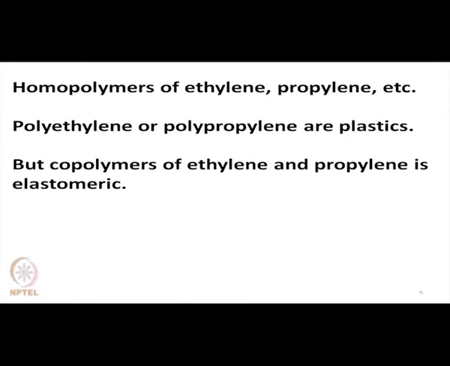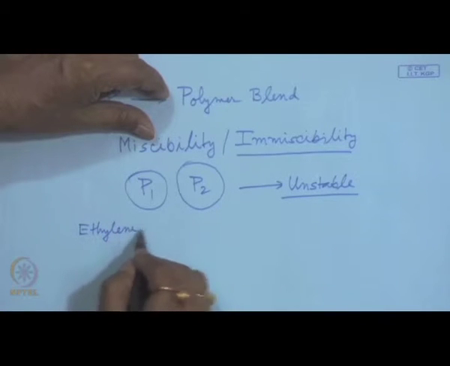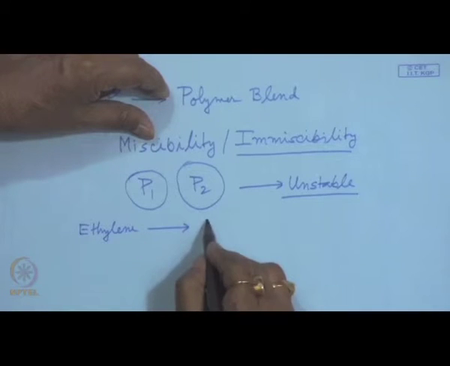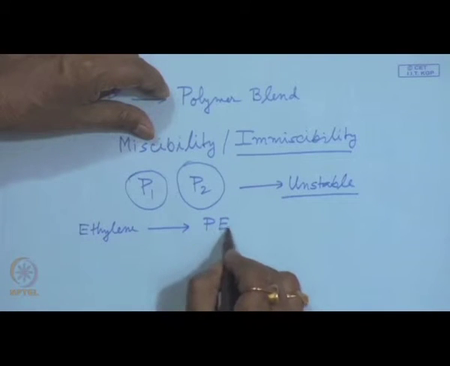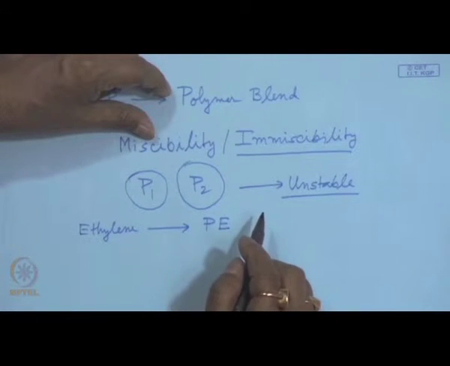If we discuss with examples, let us take the examples of homopolymers of ethylene, which is polyethylene, PE. There are different grades: LDPE, HDPE, LLDPE, VLDPE, ultra high molecular weight polyethylene.